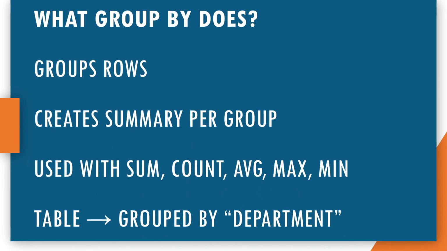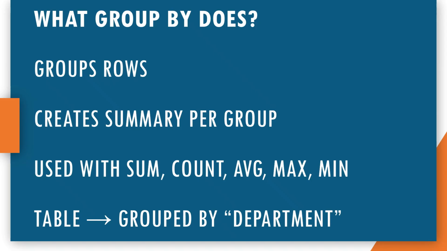Group by doesn't filter rows. Group by takes many individual rows and combines them into categories so you can see summaries instead of raw data. It groups records based on a column like department and then works with functions such as sum, count, average, max or min to calculate totals or averages for each group.